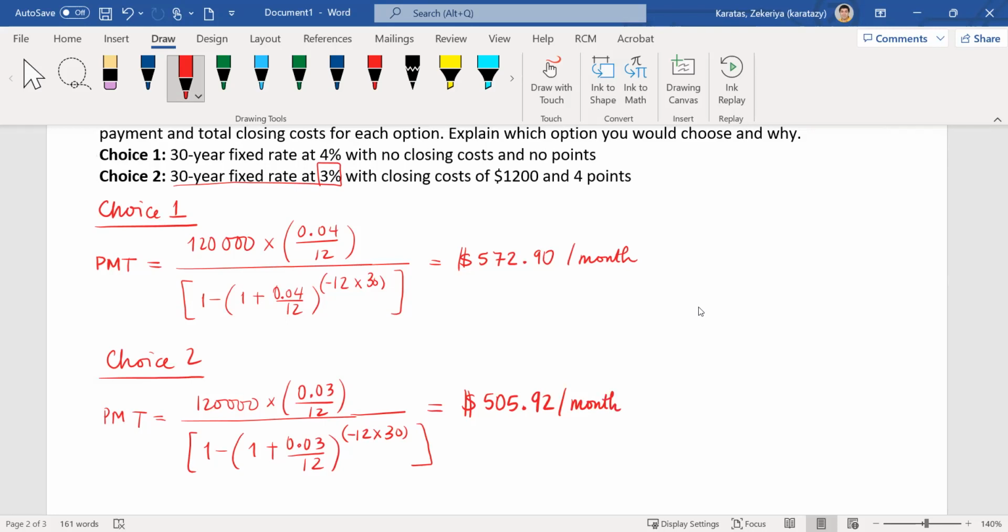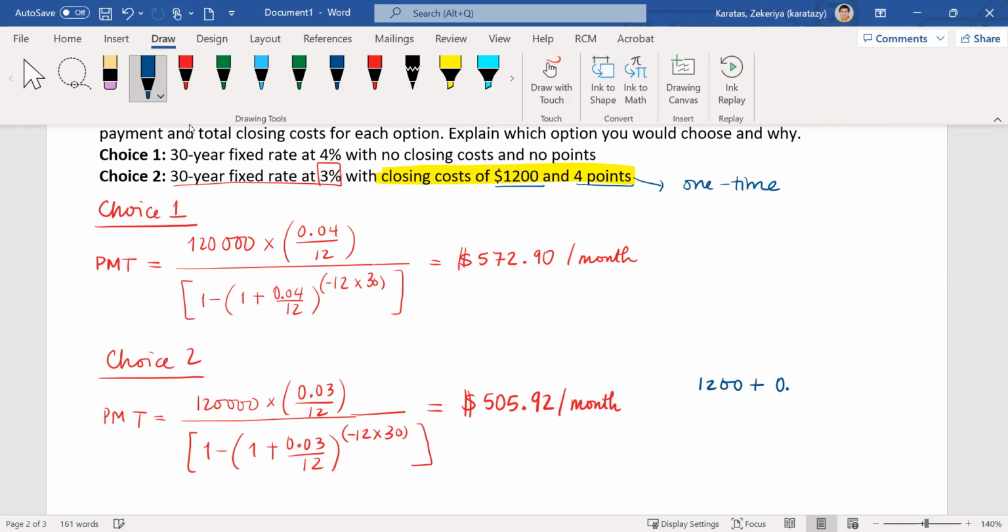Now, there's something else in here, which is called the closing costs. These are costs you pay at the beginning of the mortgage. This is the case for every mortgage, but here they try to show in an example how it really affects things. These are one-time payments that you pay at the beginning. So you pay 1,200 plus 4 points, which means 4% of the whole loan amount, the mortgage amount.